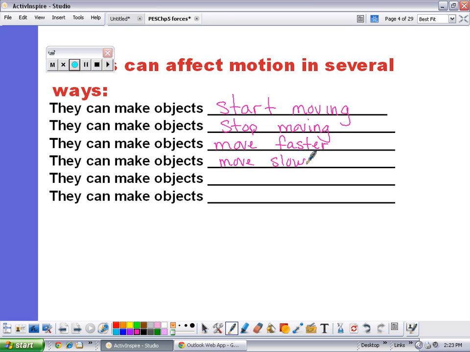And this would be our speed. And they can make objects change directions, and they can make objects change shape. Think about a balloon. You apply a force to a balloon and you can change the shape of the balloon.